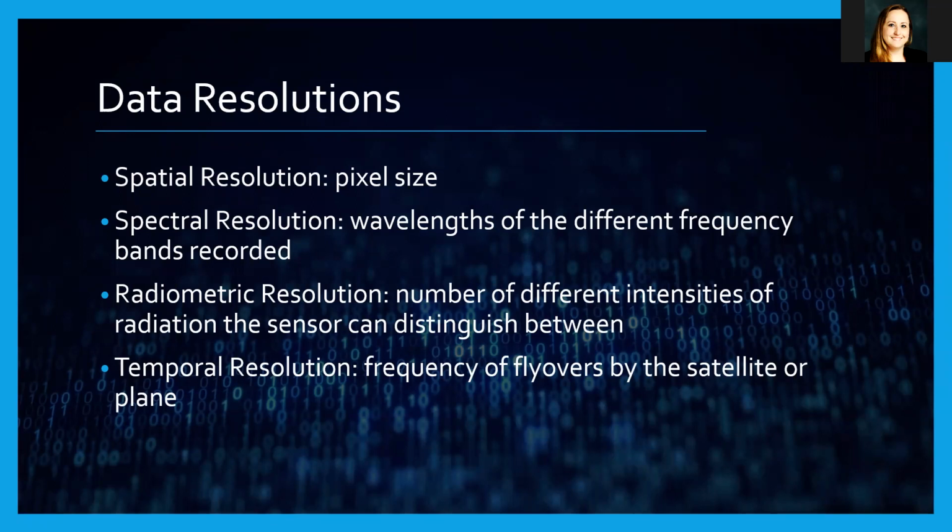Radiometric resolution is the number of different intensities of radiation that the sensor can distinguish between, including the number of grayscale and color shades in each band. Temporal resolution is the frequency of flyovers by a satellite or plane over an area, but it's only relevant when the data includes multiple recordings over time.